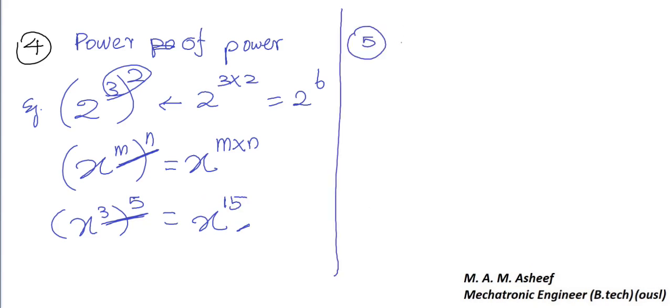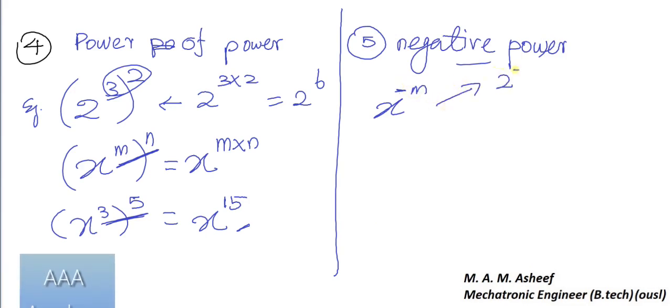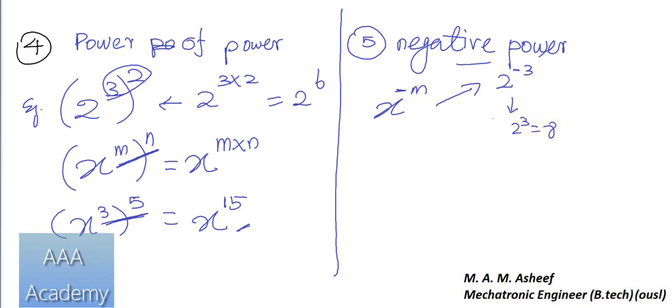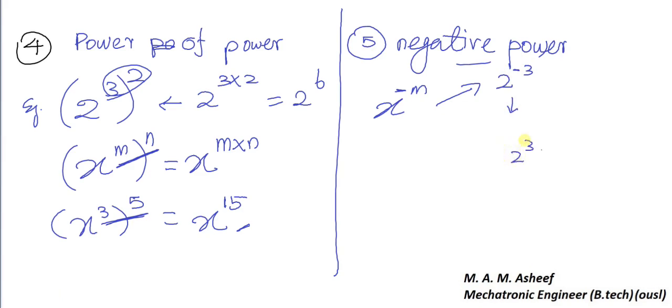The fifth one is negative power. Negative power means if the power comes like this, for example, 2 to the power minus 3. If it is 2 to the power 3, we know it is 8, and we can write this as 2 times 2 times 2, recurring 3 times.